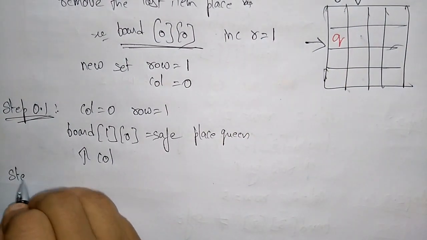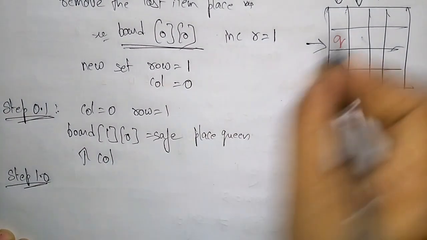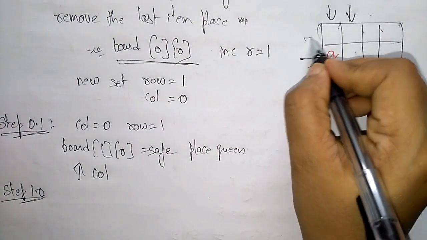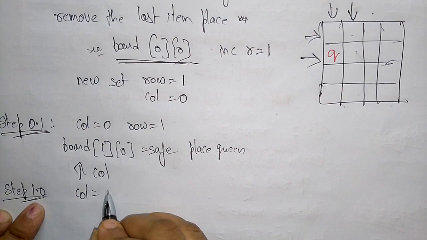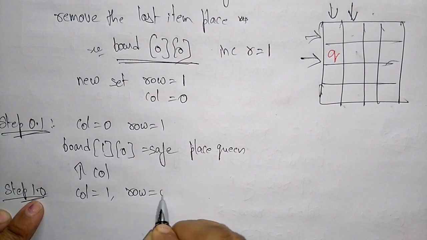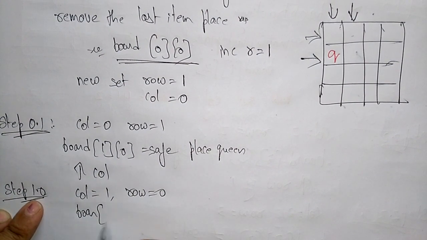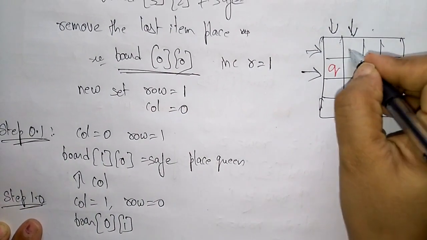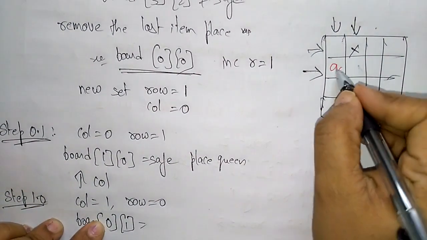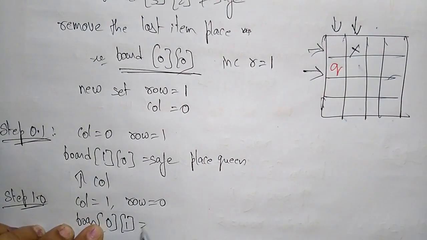Now coming to step 1.0. The column is 1 and the row is 0. Is board of 0 row and first column safe? No, it is not safe because the queen is already here, forming a diagonal.